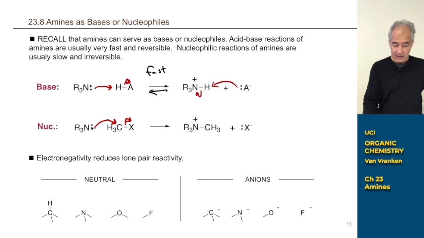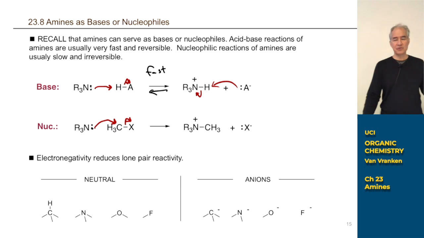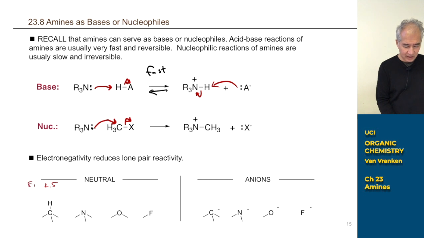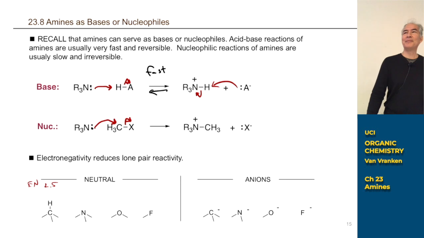So if I look at the elements in the second row of the periodic table, carbon, nitrogen, oxygen, fluorine, marching across the second row, things are becoming more electronegative. Right? I'm not real good with memorizing numbers and stuff. I know that the electronegativity of carbon is 2.5. That's kind of all I know. I'm not real smart.